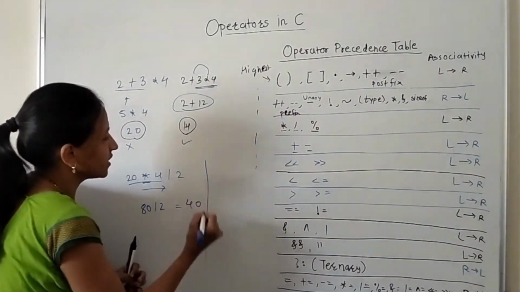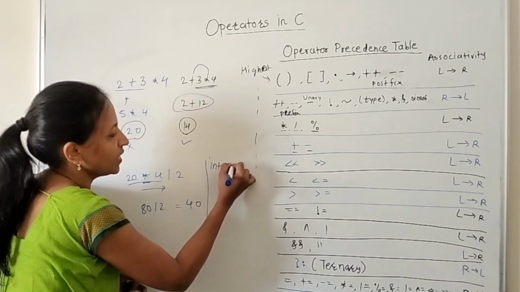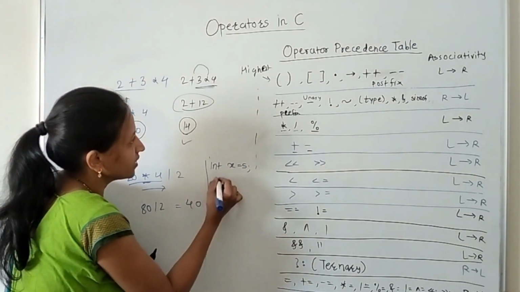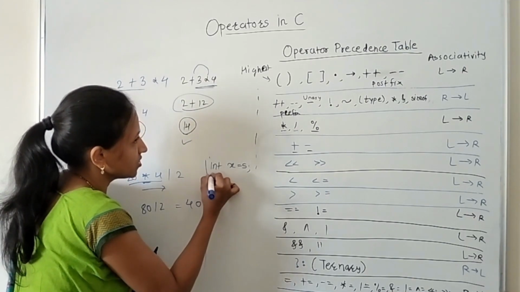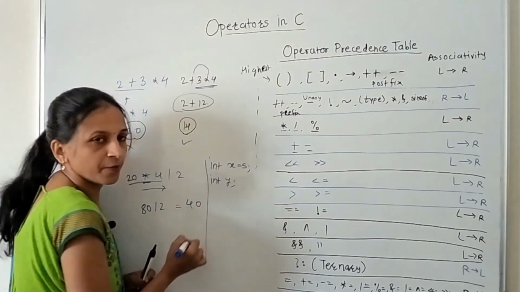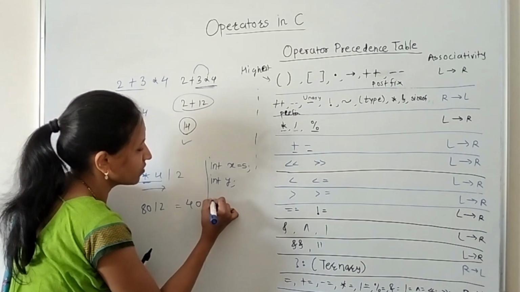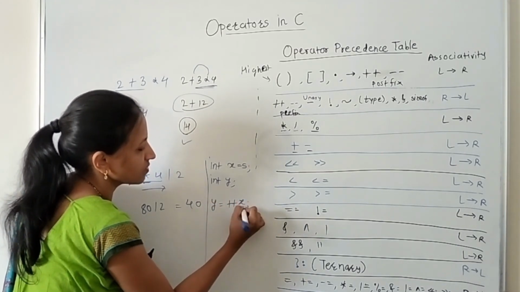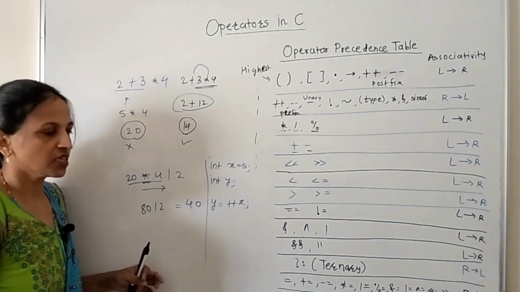Suppose I have one integer variable x having value 5. Next, I write integer y, and suppose I have written y equals ++x. This is the expression.